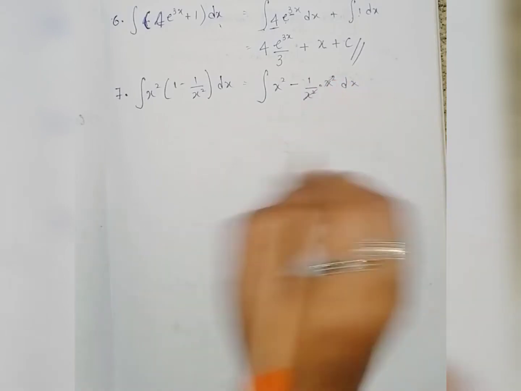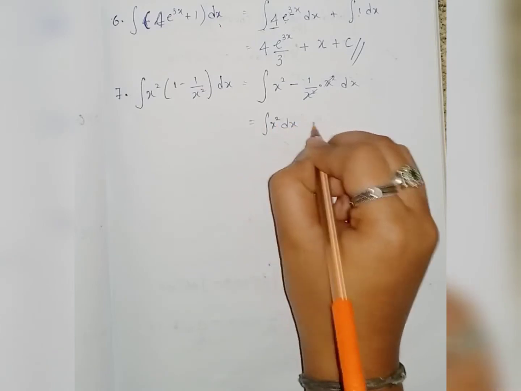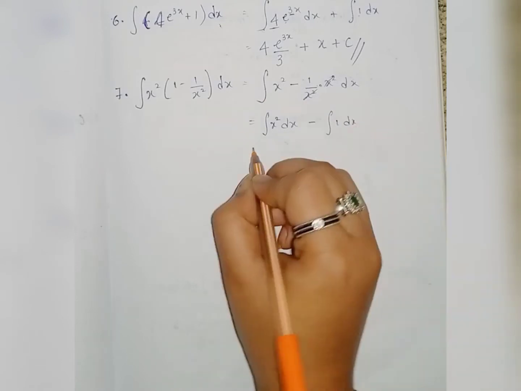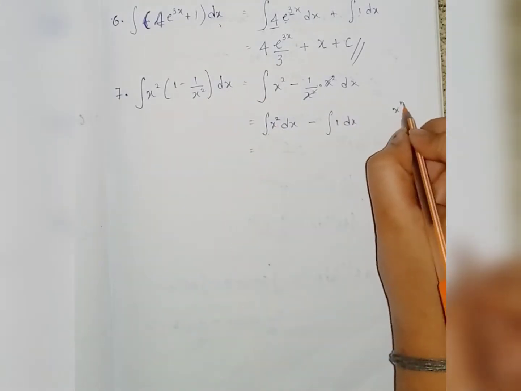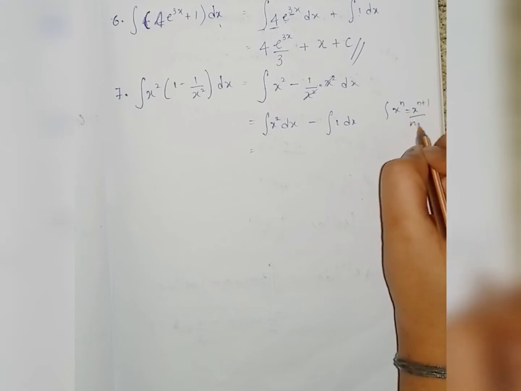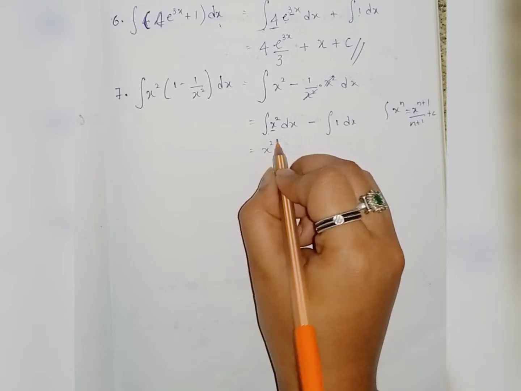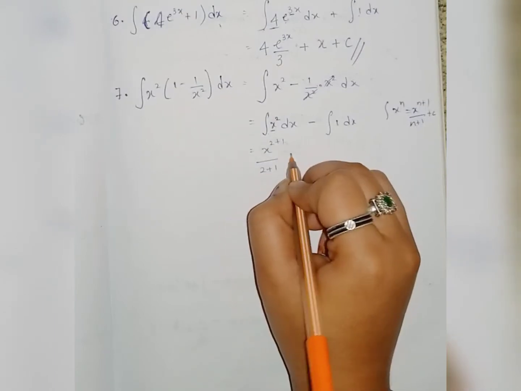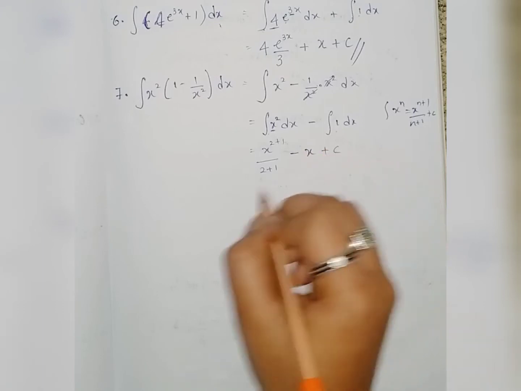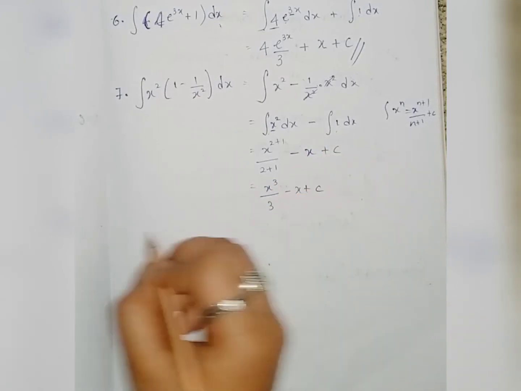These x squares get cancelled, so we can write integration of x square dx minus integration of 1 dx. Integration of x power n is x power n plus 1 by n plus 1 plus c. So x square gives x power 2 plus 1 by 2 plus 1, minus integration of 1 which is x, plus c, which is x cube by 3 minus x plus c.